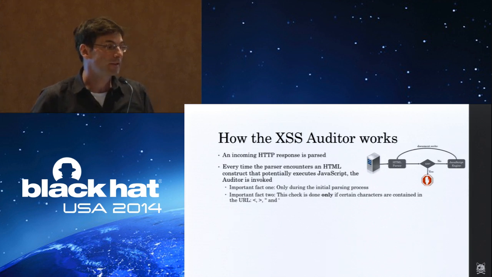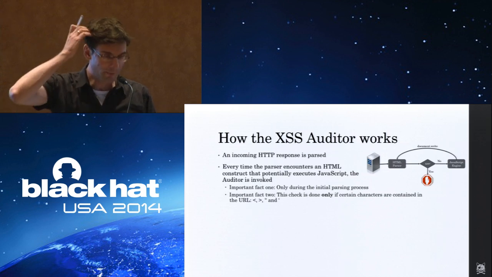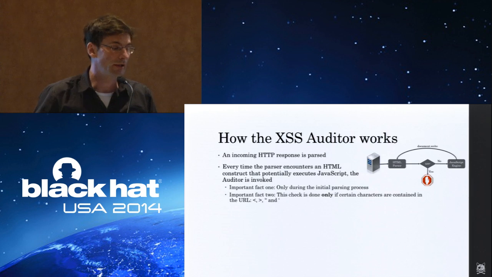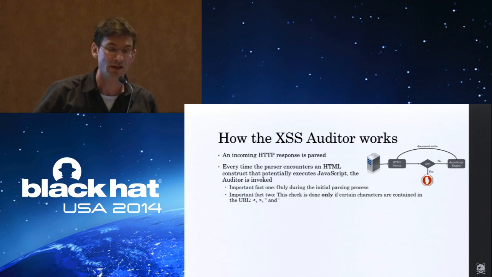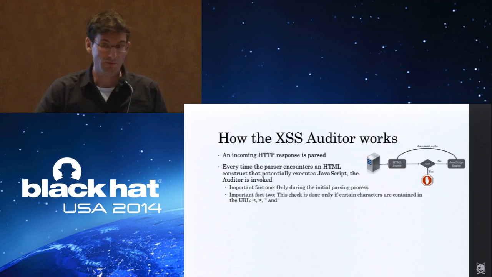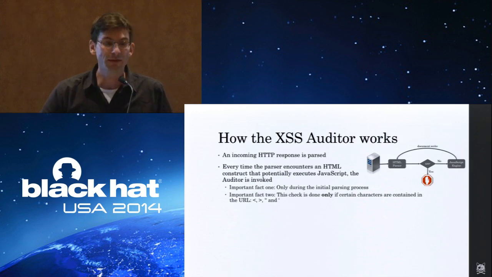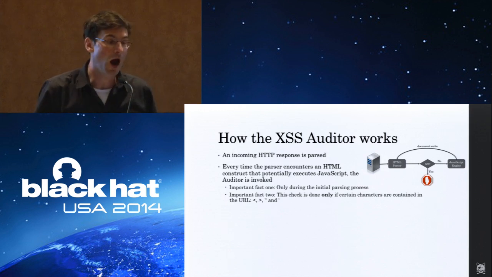The other important fact that you have to remember is the matching process, so the looking into the URL if there might be the attack payload that is currently executed, only happens if in the URL, or in the post body for HTTP post requests, certain dangerous characters are included.